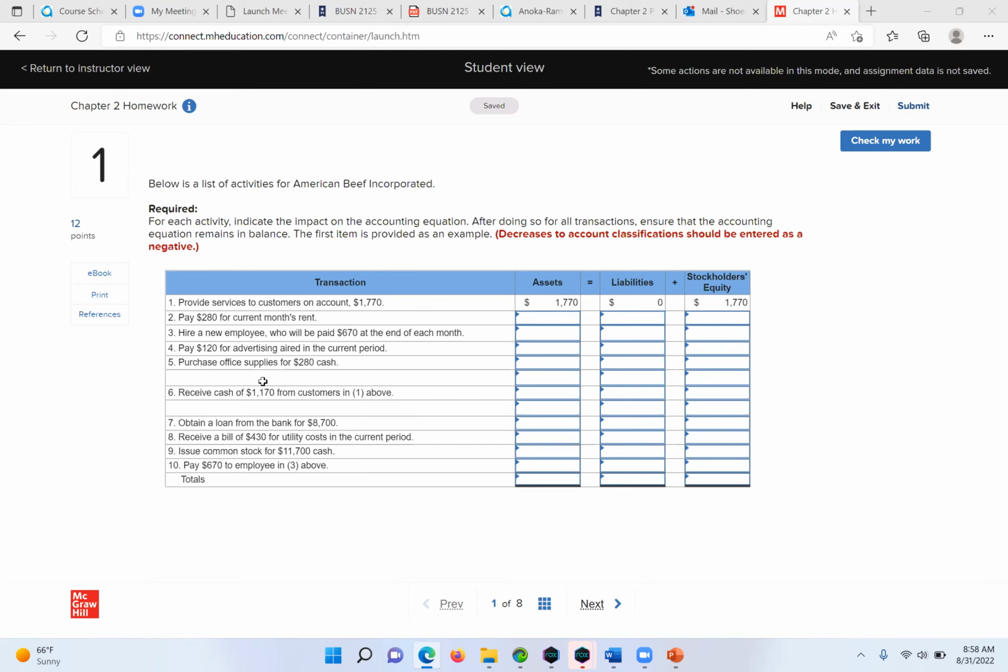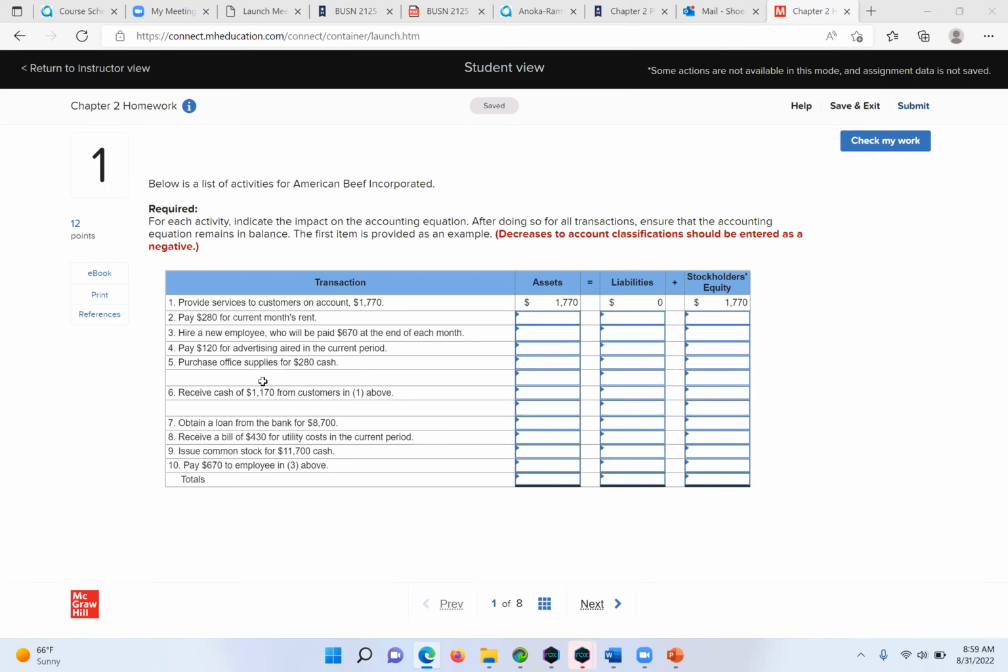We are going to receive money from a client, a customer. Therefore, the account would be accounts receivable, which is an asset that increases. And service revenue increased. Service revenue is a component of retained earnings, which is in stockholders' equity.